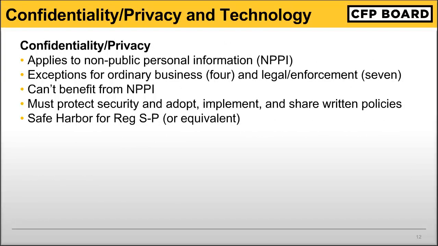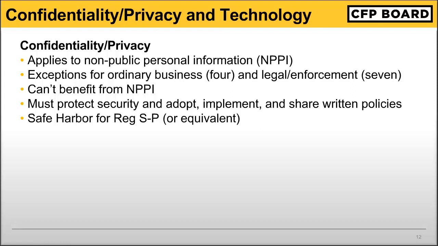Confidentiality, privacy, and technology. So confidentiality and privacy are very important. They're mentioned both here in its own standard, section A9, but also at the beginning in the Code of Ethics. So we have a standard that requires a CFP professional to keep confidential and protect the security of personal and non-public information about clients.